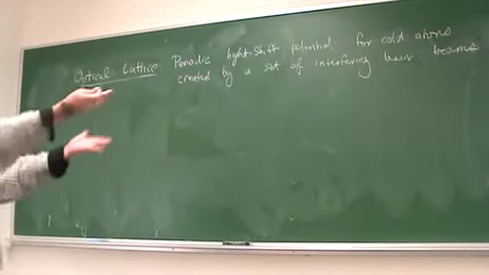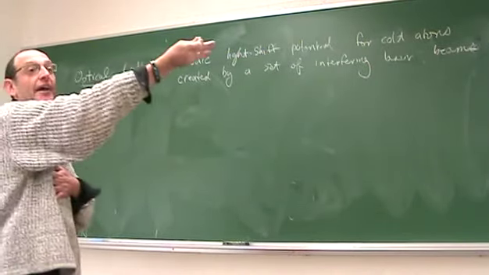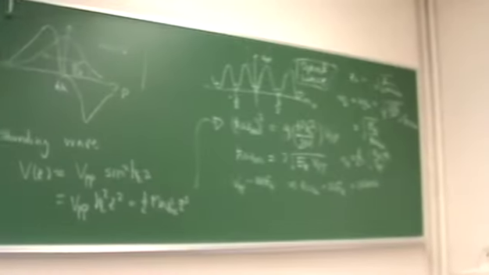The simplest example of an optical lattice is drawn right there. The simplest example is a 1D standing wave.